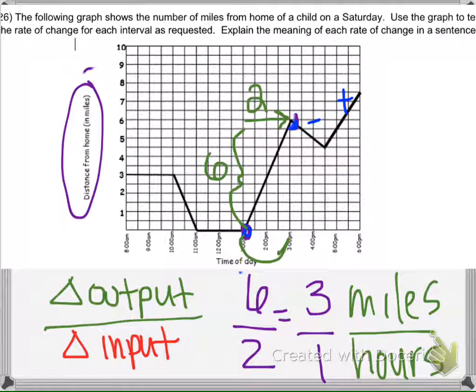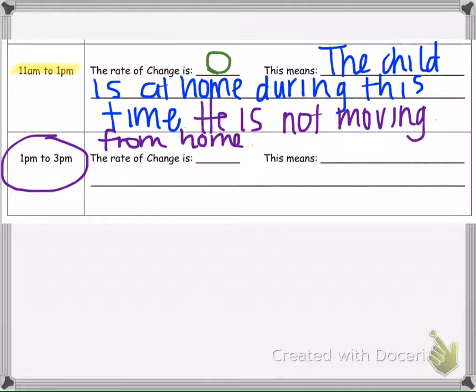So the child is moving away because it's going up. It's going away because remember this is home, the origin. It's increasing its distance by 3 miles every hour during that time period. So the rate of change is 3.